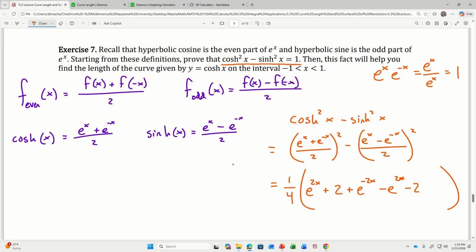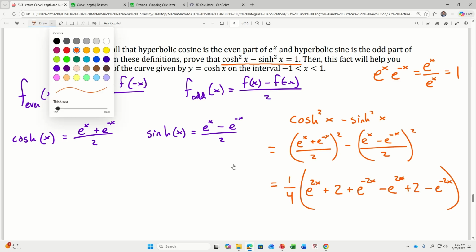I forgot to distribute this minus sign to the 2, sorry about that. And the last term, e to the negative x squared, is e to the negative 2x, and with the minus I've got minus e to the negative 2x.